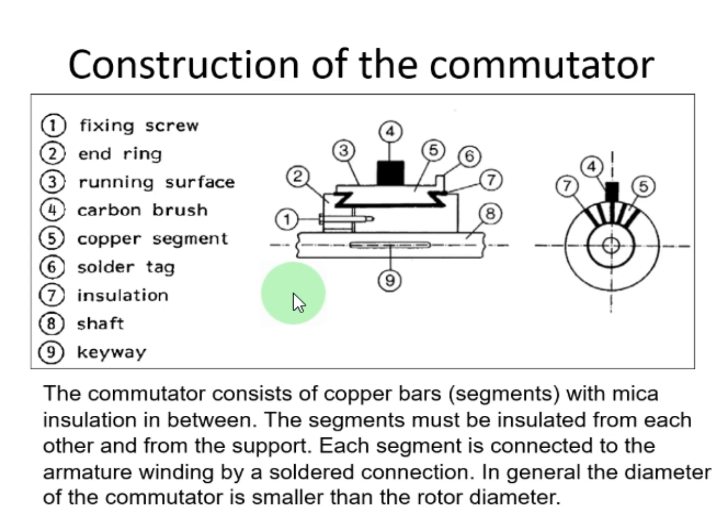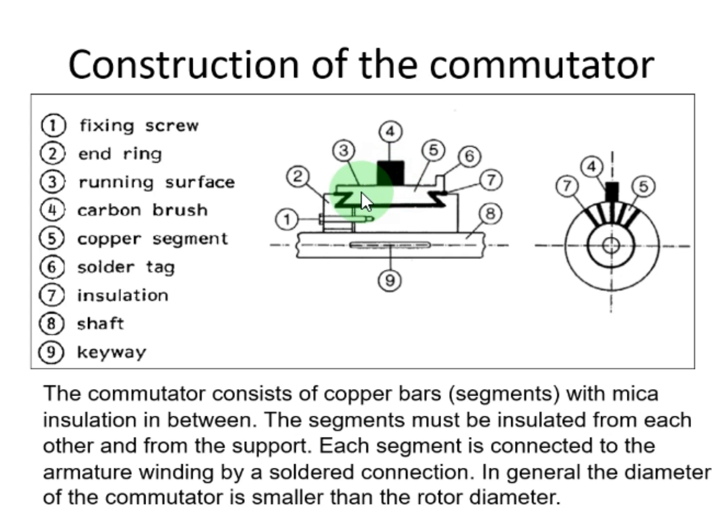And if you look carefully at the commutator, the cross section is shown here. This is the shaft. Number 8 is the shaft, and then on the shaft we have fixed number 2. Number 2 is the end ring, but number 3 is the running surface, that is the actual surface, and number 4 is the brush, carbon brush, right?